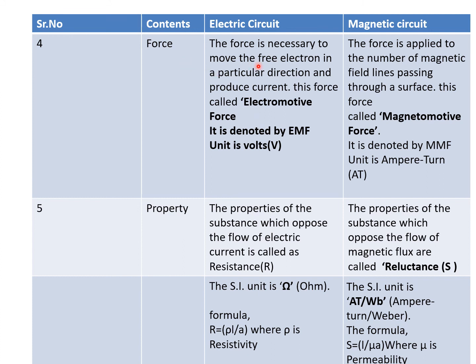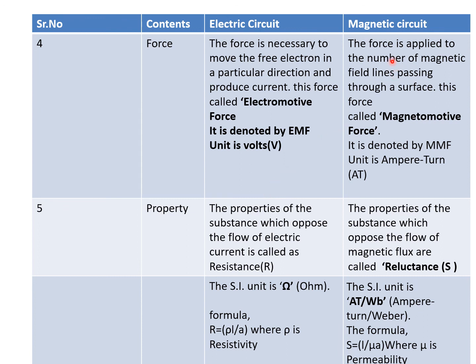The force is necessary to move the free electrons in particular direction and also produces the current. This force is called as a electromotive force. It is denoted by EMF, and the unit is V, that is volts.